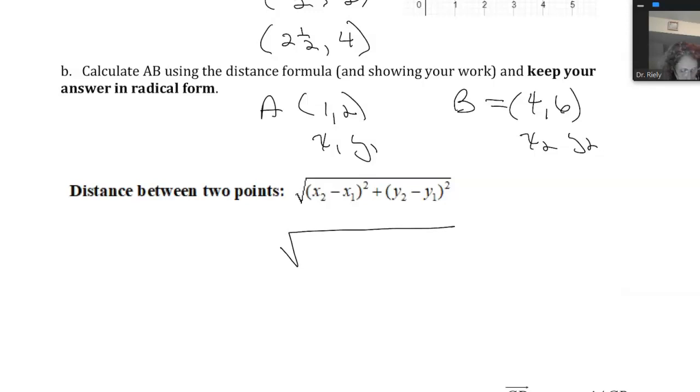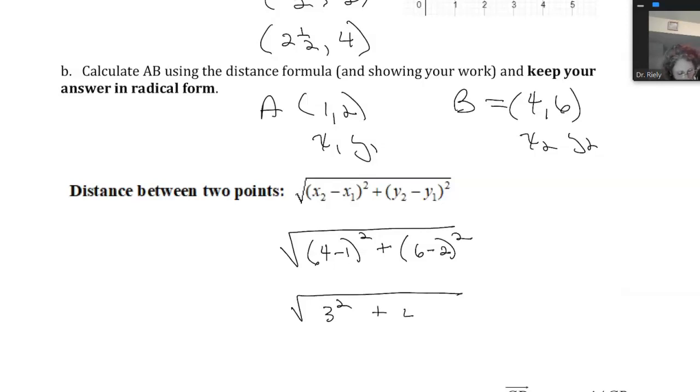Copy the radical symbol. Use your parentheses. x2 is 4, so (4 minus 1) squared plus y2 is 6, (6 minus 2) squared. Okay, 4 minus 1 is 3 squared, plus 6 minus 2 is 4 squared, and technically I should have these in parentheses. 3 squared is 9, 4 squared is 16.